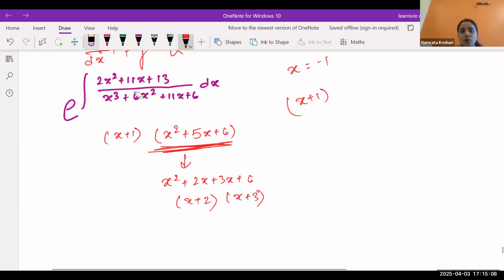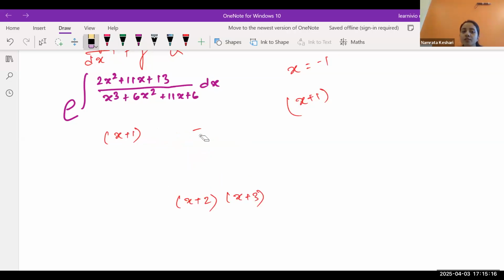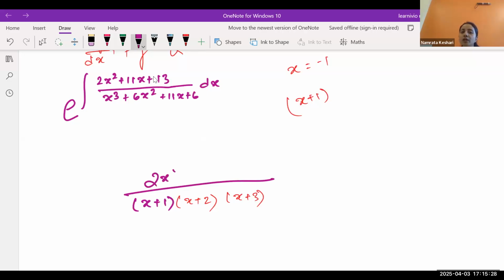Yes, ma'am. Okay, so basically what we did, quickly, we did the factorization. For doing the integration, we realized that if we do the factorization, then we can think about partial fraction decomposition. So we ended up getting x plus 1, x plus 2, x plus 3 in the denominator, and the numerator for now we are keeping as it is.